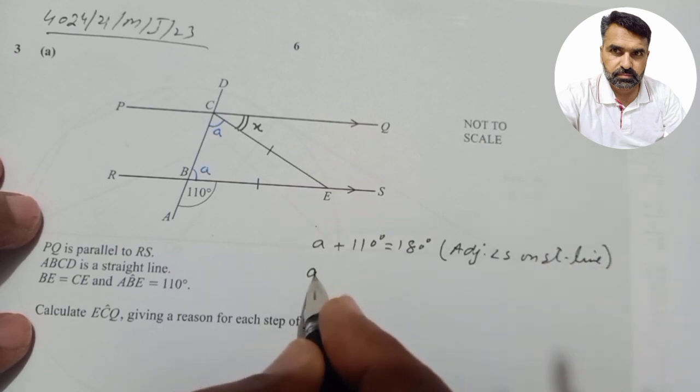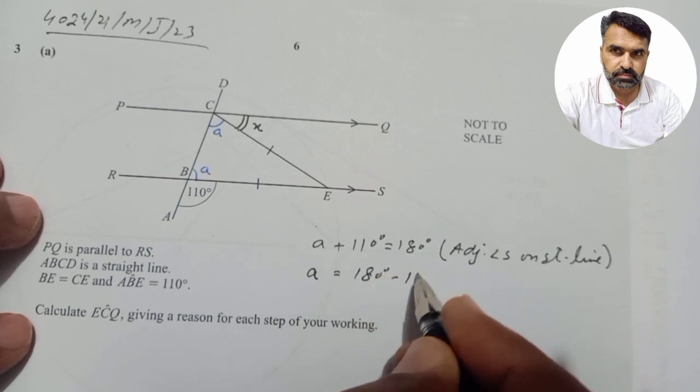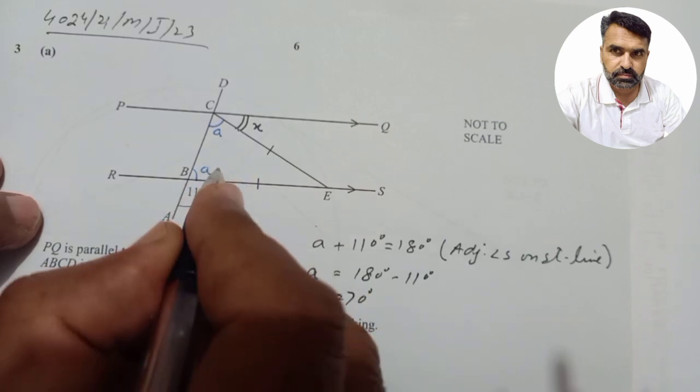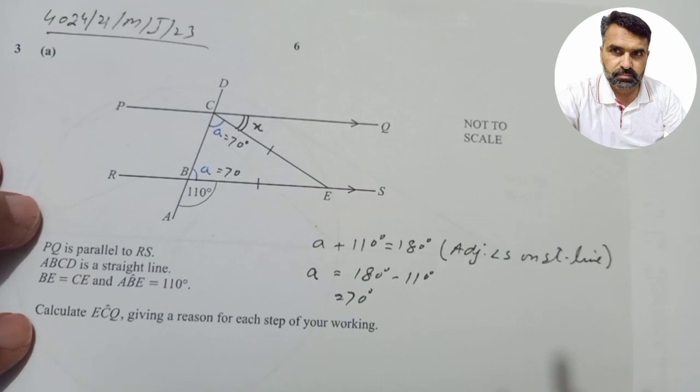So students, the value of angle A will be 180 degrees minus 110 degrees, and it is 70 degrees. So angle A is equal to 70 degrees. So this angle will also be 70 degrees.